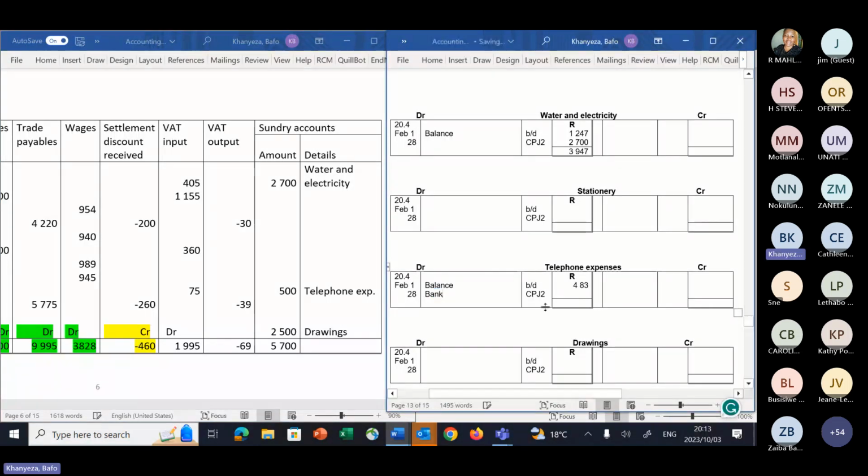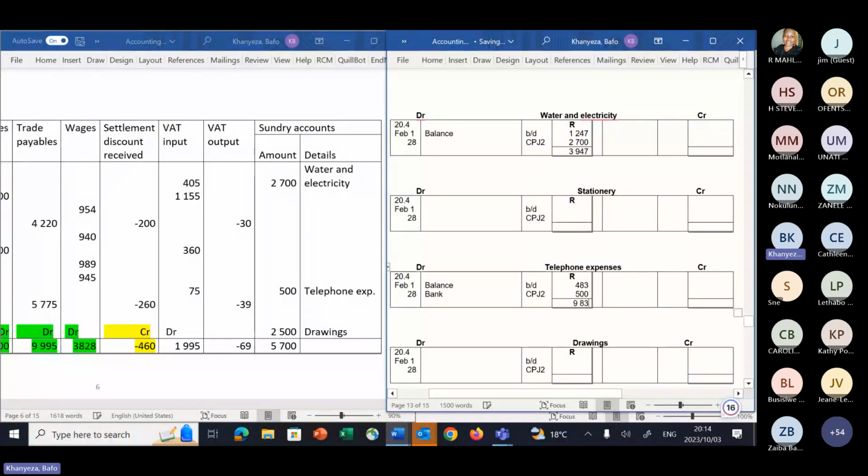We paid for it, bank. It's going to be 500. So then we're going to have to add everything. 983.